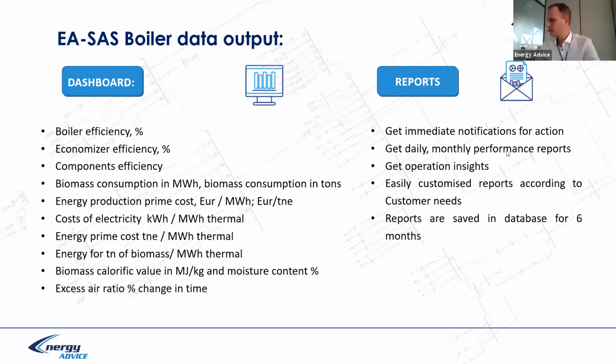So get daily, monthly performance reports. We can even separate, for example, one shift is operating in one way, another shift is operating in another way. We can separate by shifts. We can summarize shift performance during the previous day.